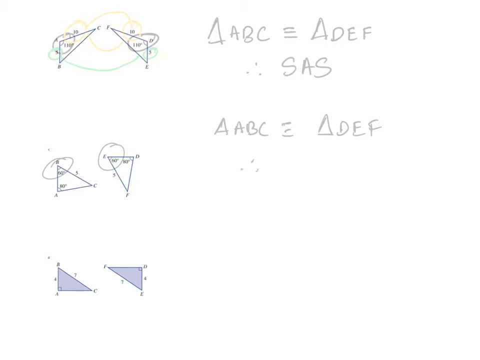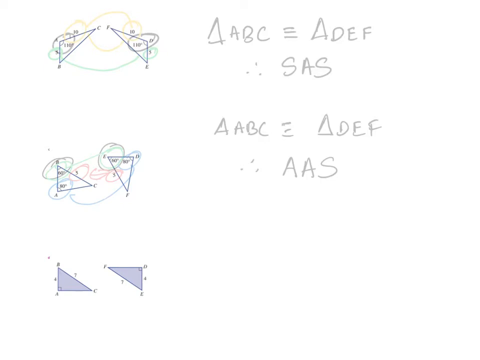Now, what's the test that we used for this one? Well, let's have a look. 80 and 80 are corresponding angles and the same. We've got the 60 and the 60, which are the same. And the other thing that we need is the corresponding equal sides, which are those two there. So if they're corresponding and equal, therefore the rule that we would use is angle, angle, side.